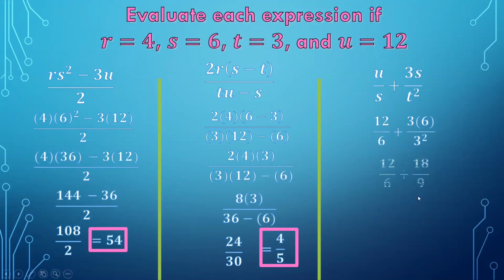So first, let's get my second fraction to 18 over 9, because 3 times 6 is 18, and 3 squared is 9. This makes it actually a little bit easier for us. I can do 12 divided by 6, and I can do 18 divided by 9. If you do that, you end up with 2 plus 2, which is simply 4.